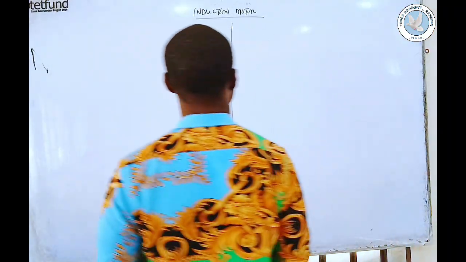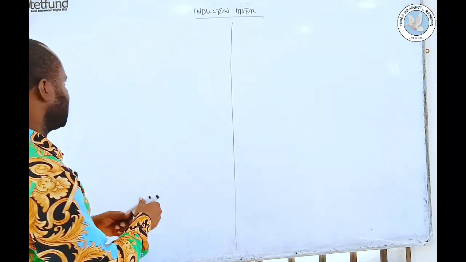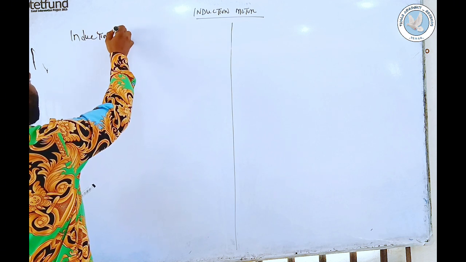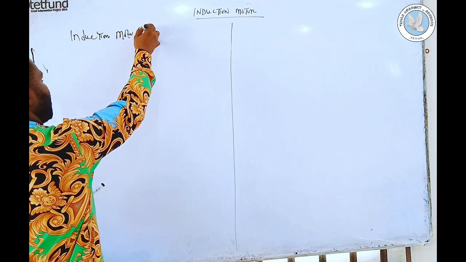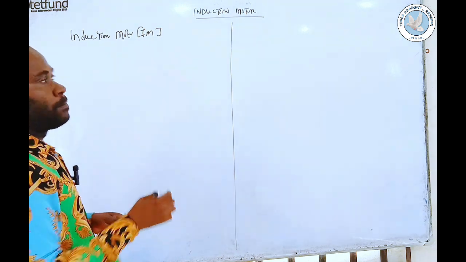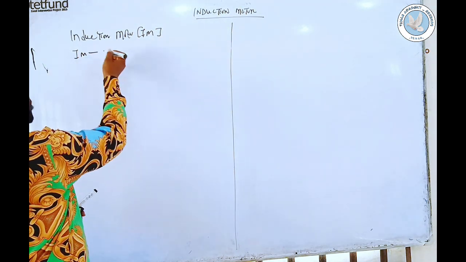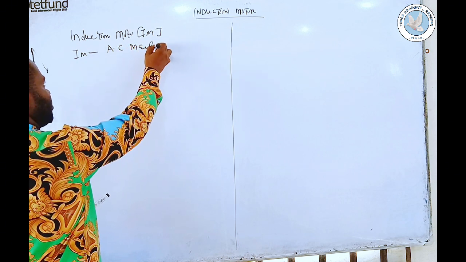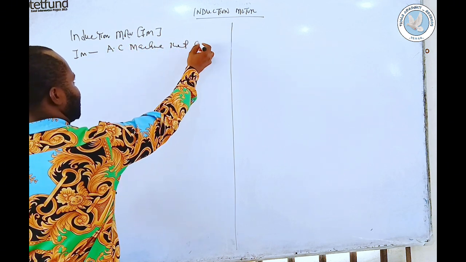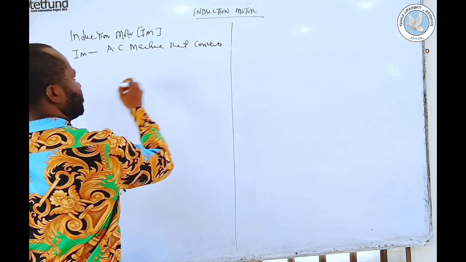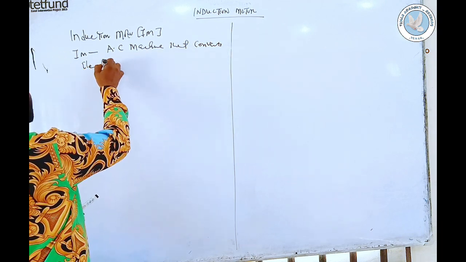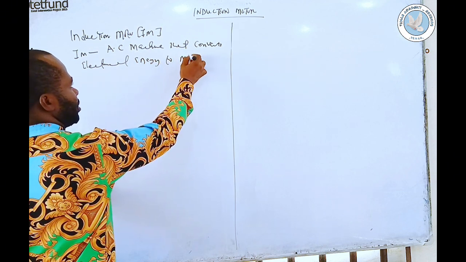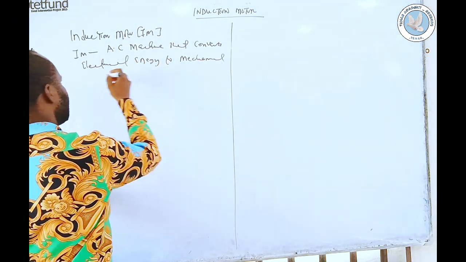Hello viewers, let's look at induction motor. Induction motor, IM. Induction motor is an example of AC machine that converts electrical energy to mechanical energy.